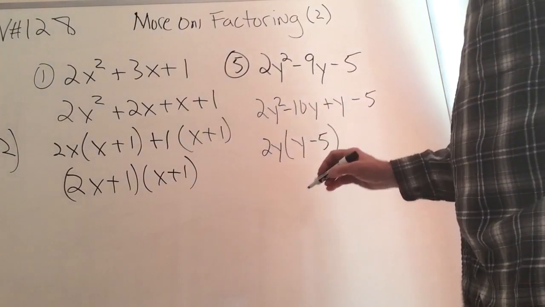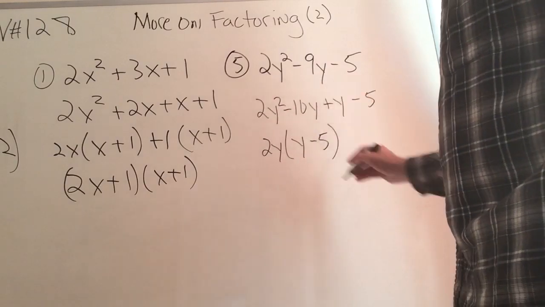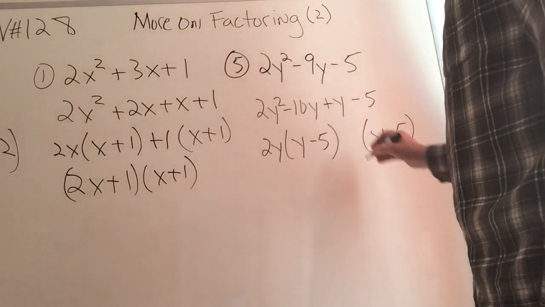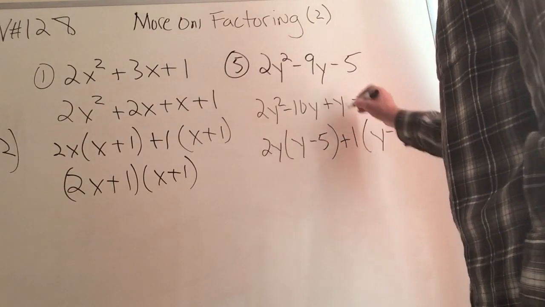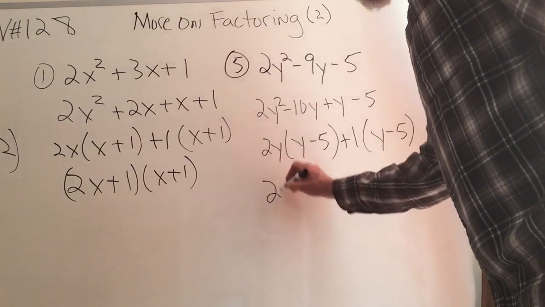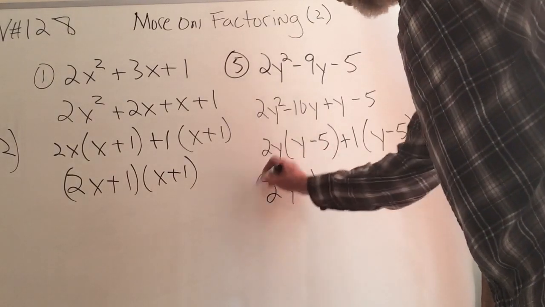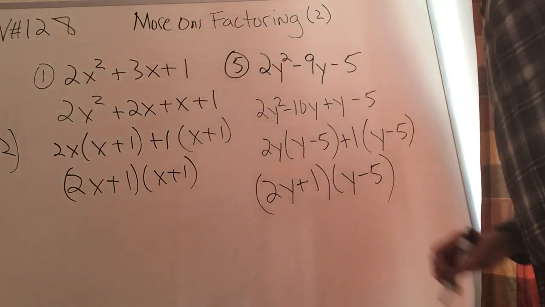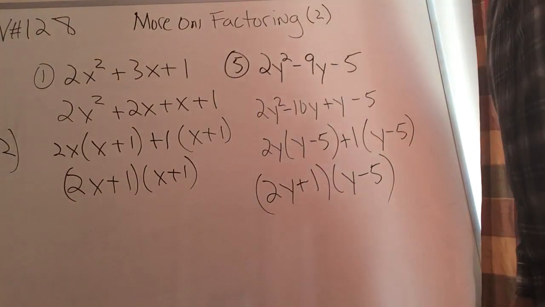This is an important part of the math, and it is the same. So rewrite it. And the number that works, of course, is 1, since these two factors are identical. And now the answer is 2y plus 1 times y minus 5, in any order. Okay, so there we go.